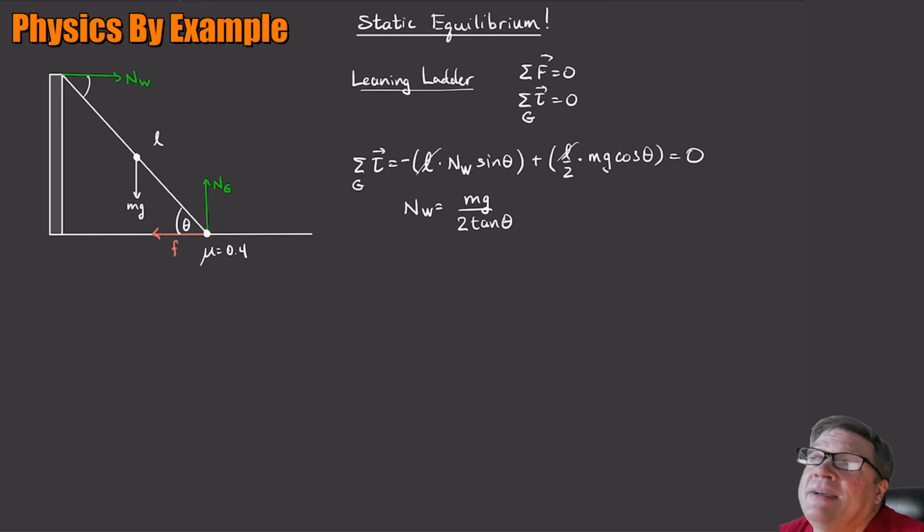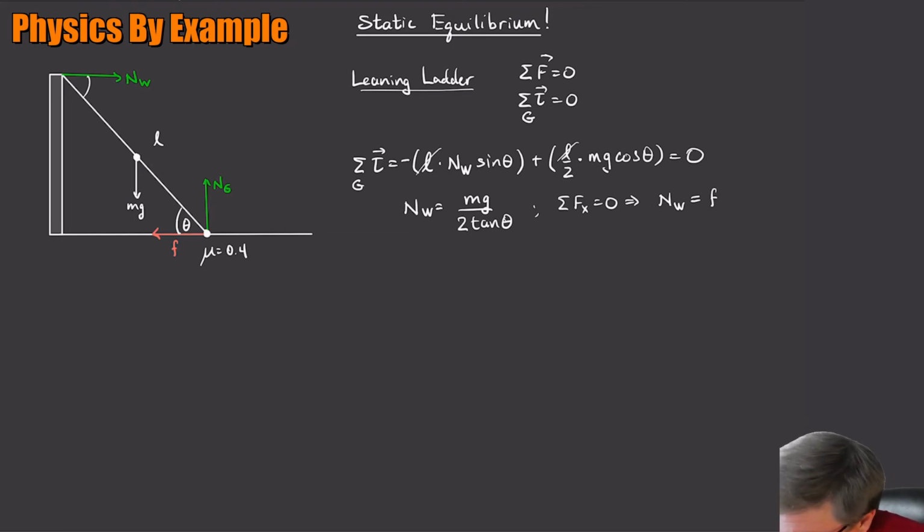Cool. All right, so now I know what N_W is, but look at the forces. The only other force in the x direction is little f. So the sum of the forces in the x direction being equal to 0 means that N_W is going one way and f, our frictional force, is the other way.